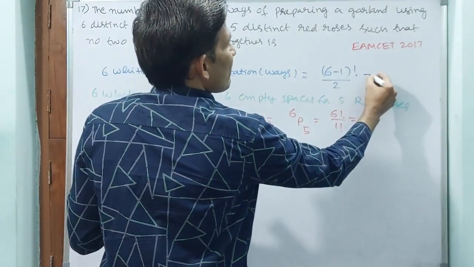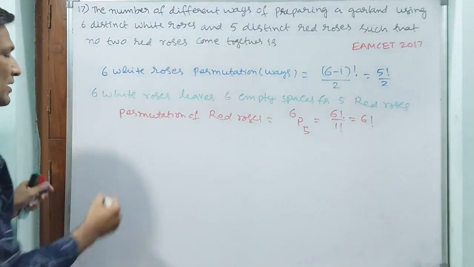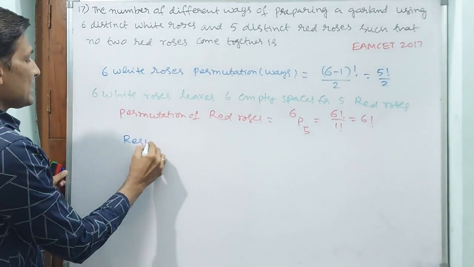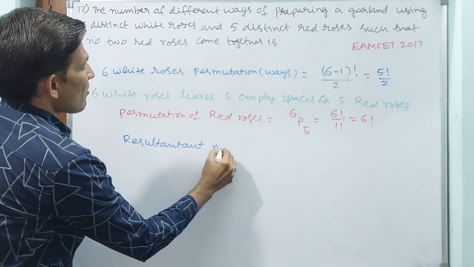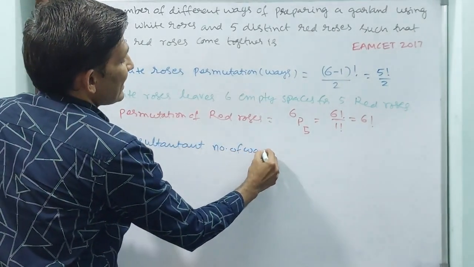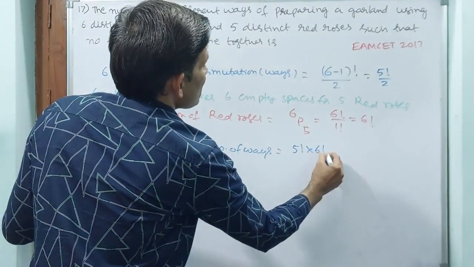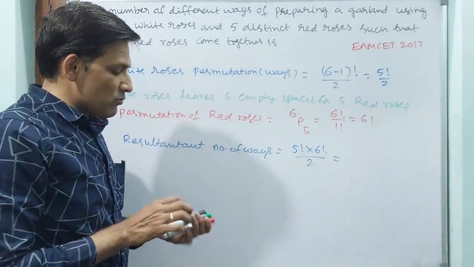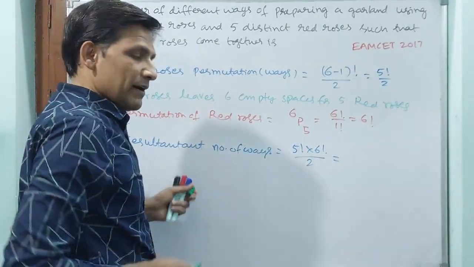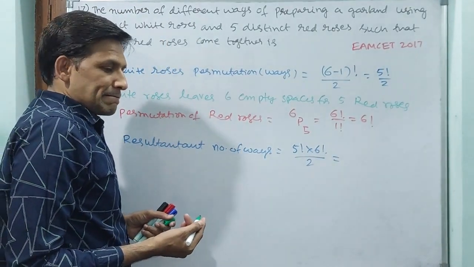Now take the resultant factorial. Shall I take 5 factorial by 2 directly? Why? Because 6 minus 1 means 5 factorial. The resultant number of ways, that means final, is equal to 5 factorial into 6 factorial by 2. For this, the answer has been given as a full number, that is why we will do the calculation.